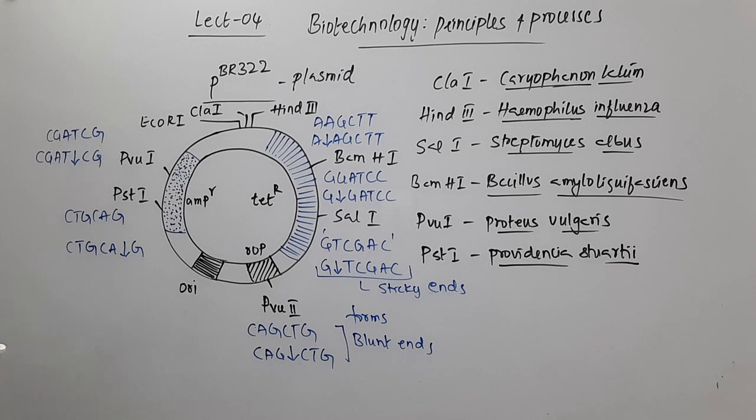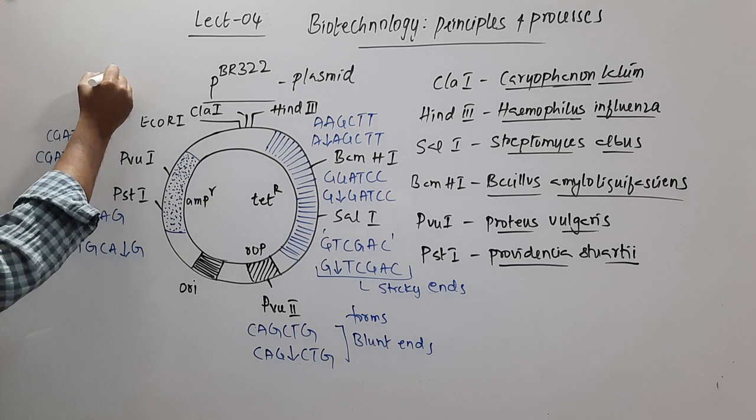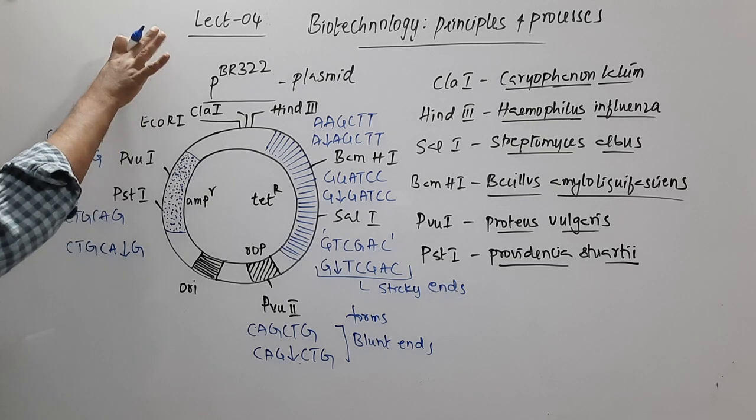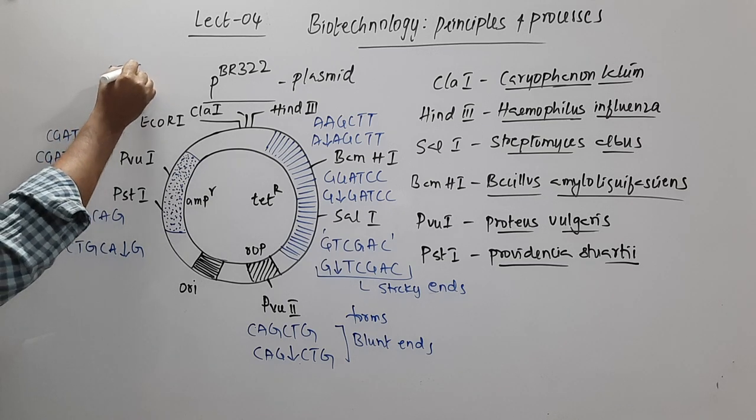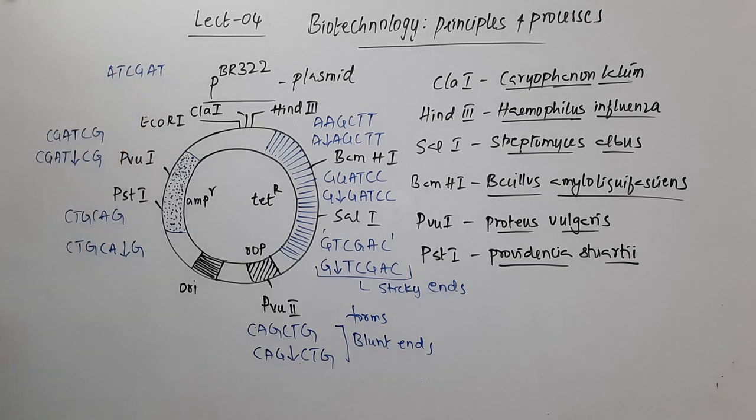Right? And the last one, ClaI. So this ClaI is going to identify the sequence ATCGAT.